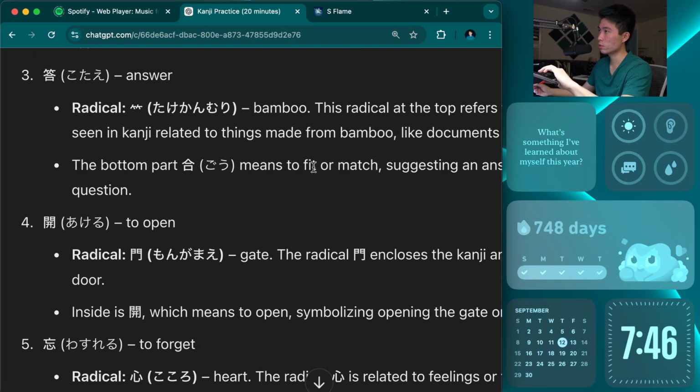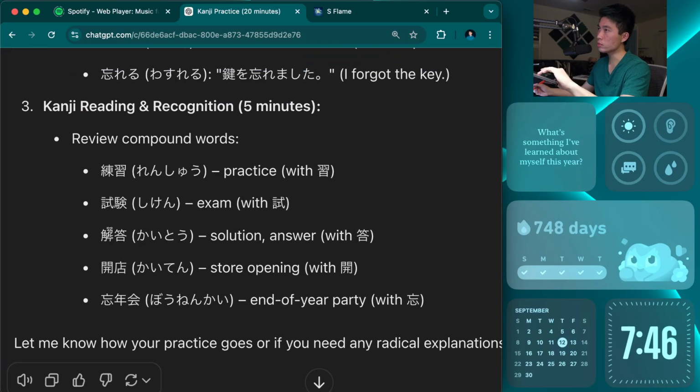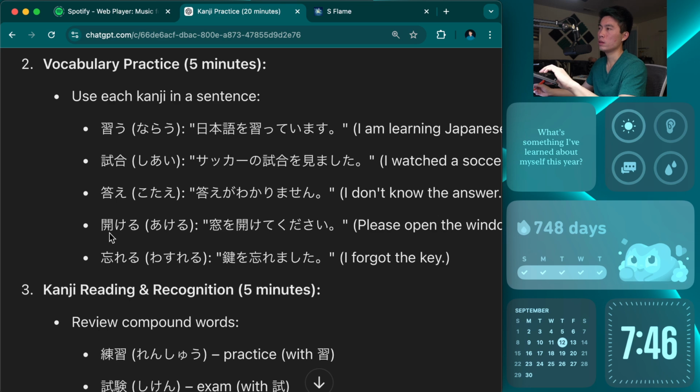Well, it means to fit or match. Okay. Akeru, wasureru, kotae, shiai. Together. Let's see. Did I get it correct? I sort of got it correct. We have to place this one a bit more right there for shiai. And then narau. We missed a piece right here. Yeah, that stuff is hard to remember. Jeez.